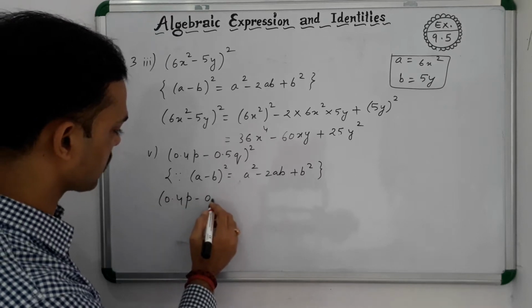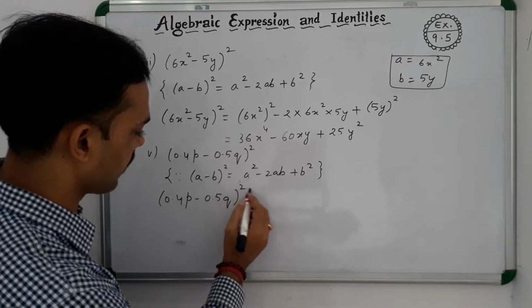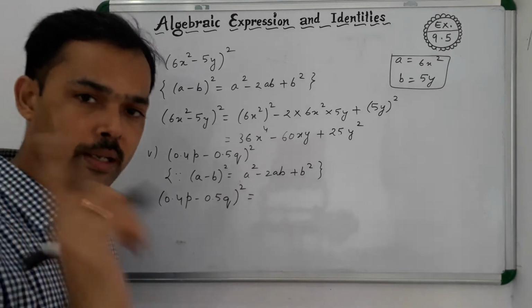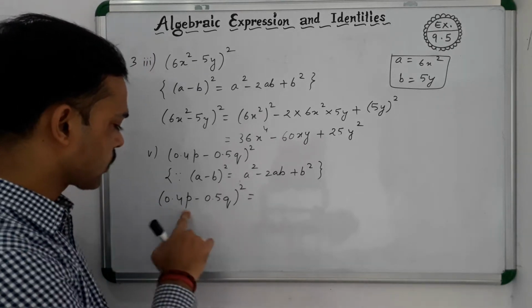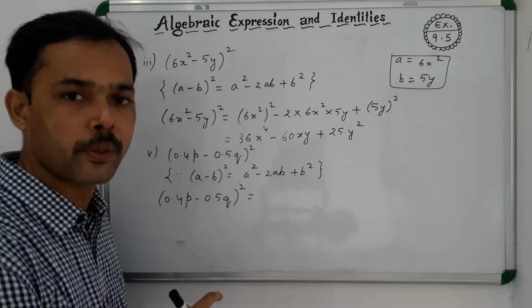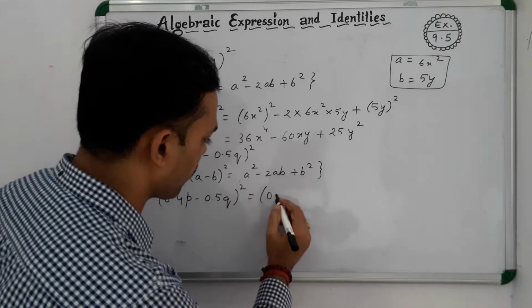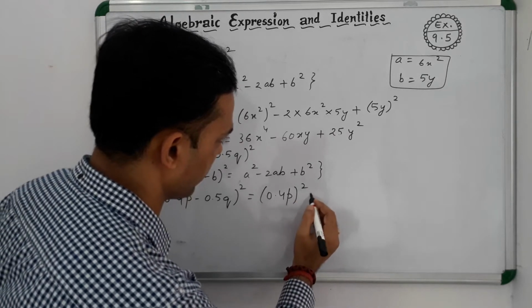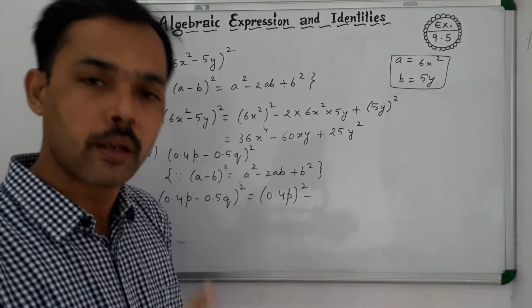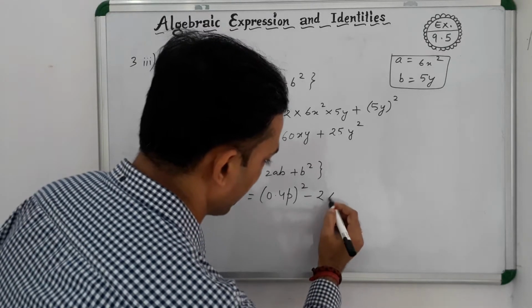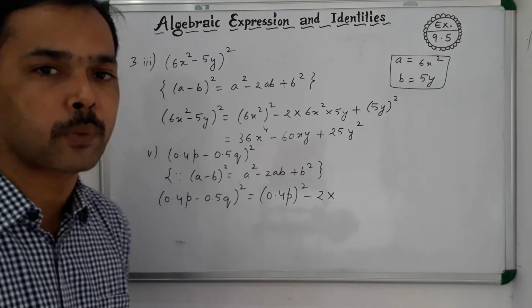Since (a − b)² equals a² − 2ab + b², that is why (0.4p − 0.5q)² will be equal to a² first. A² means (0.4p)², minus 2ab. 2 into, what will we write at place of a?